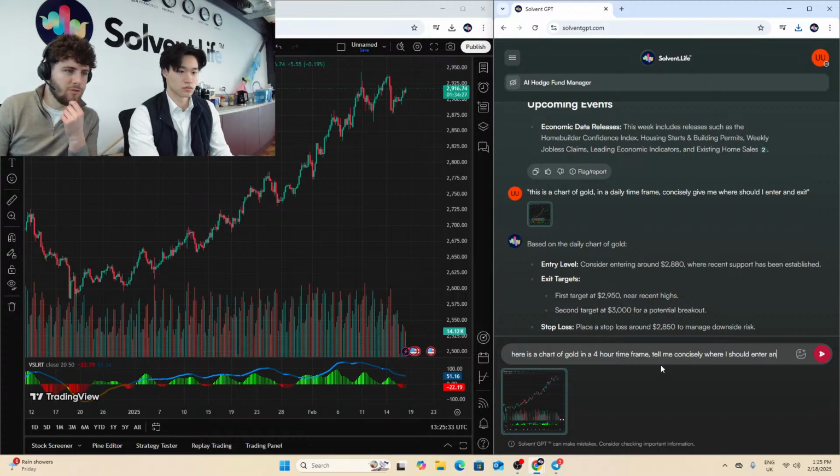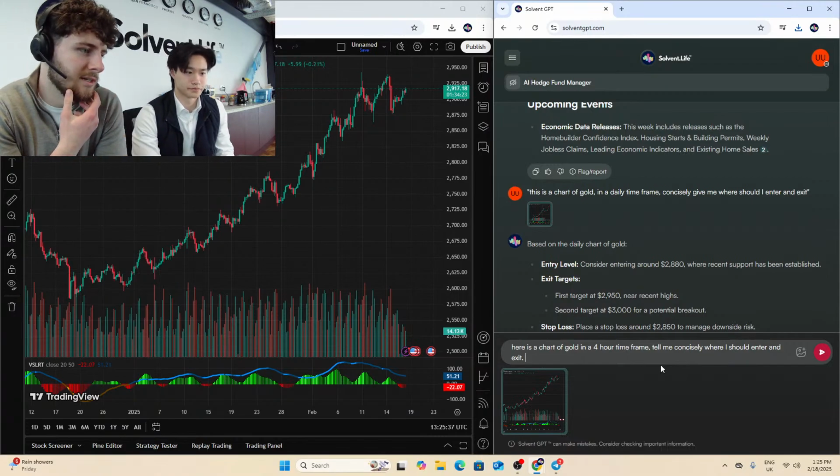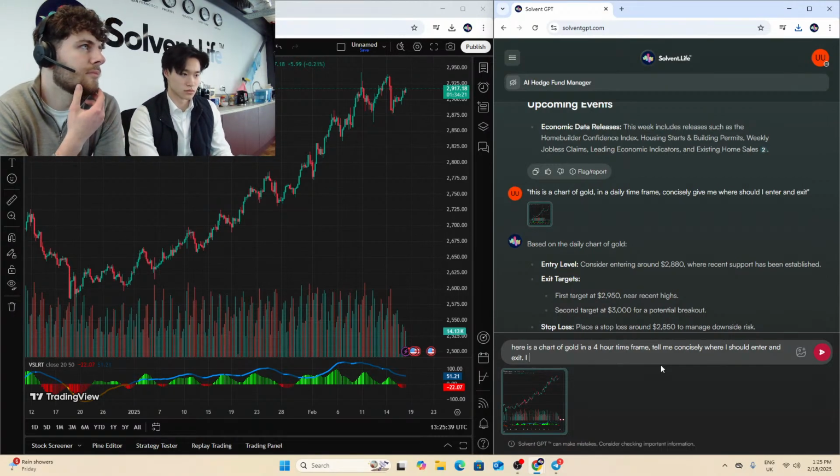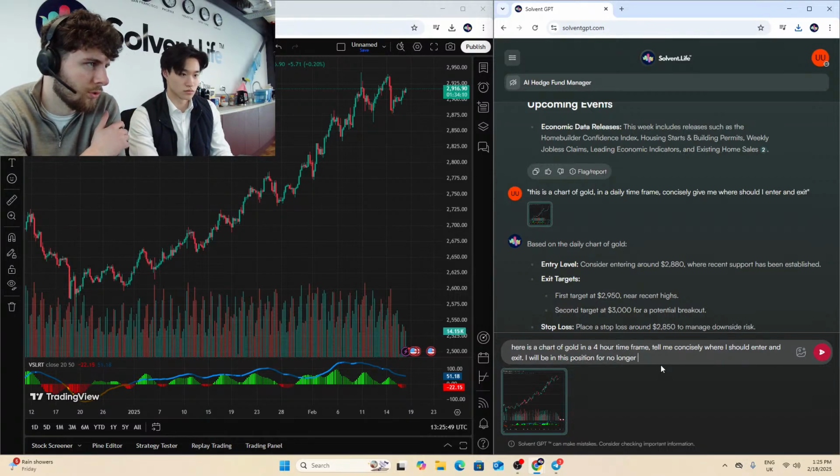Now we're asking, this is a chart of gold in a 4-hour time frame. Tell me concisely where I should enter and exit. So ideally what we are looking for is a short. We want to short gold.